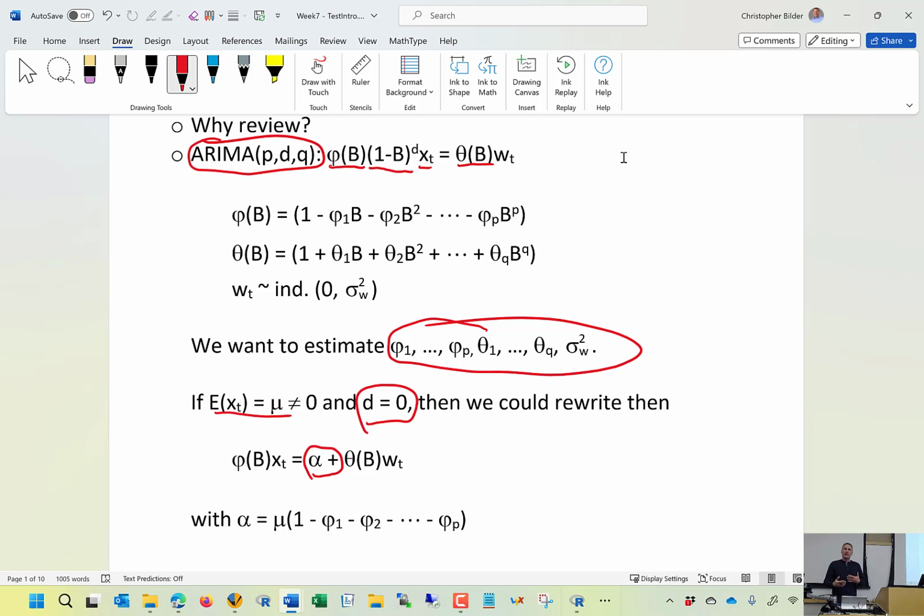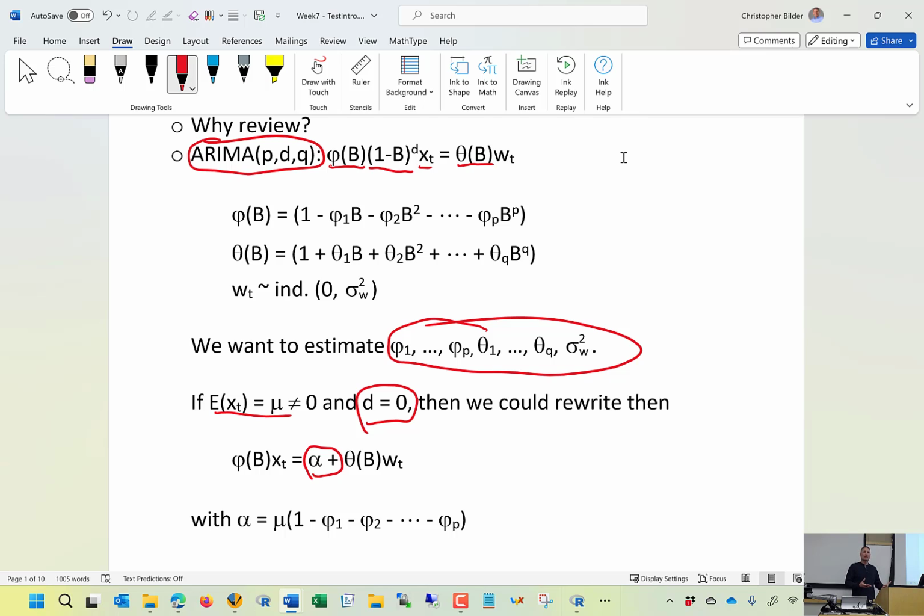Alpha is equal to mu times (1 minus phi_1 minus phi_2, all the way down to minus phi_p). That's all it is. Essentially what this does is allow us to estimate mu, because mu is not equal to 0. In most applications, mu will not be equal to 0, and when you don't have differencing, we need to estimate it.